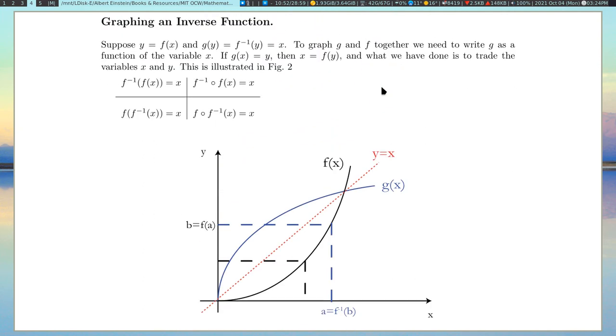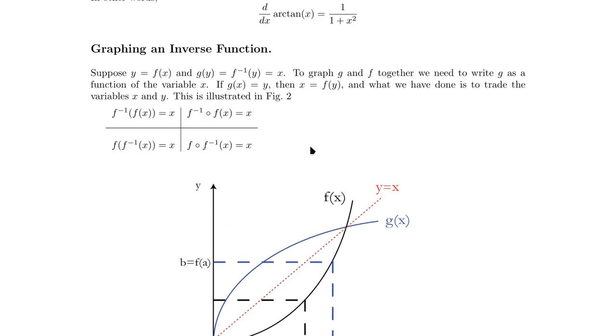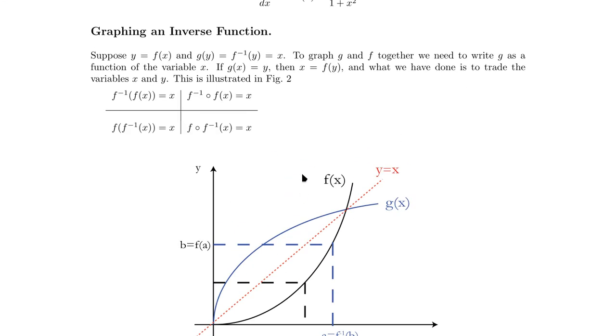So here's a bit of an idea about how to graph inverse functions, and this is a good thing to think about for sure. If you have a function y equals f of x, then g of y is equal to f inverse of y, which is x. That's the inverse of a function.